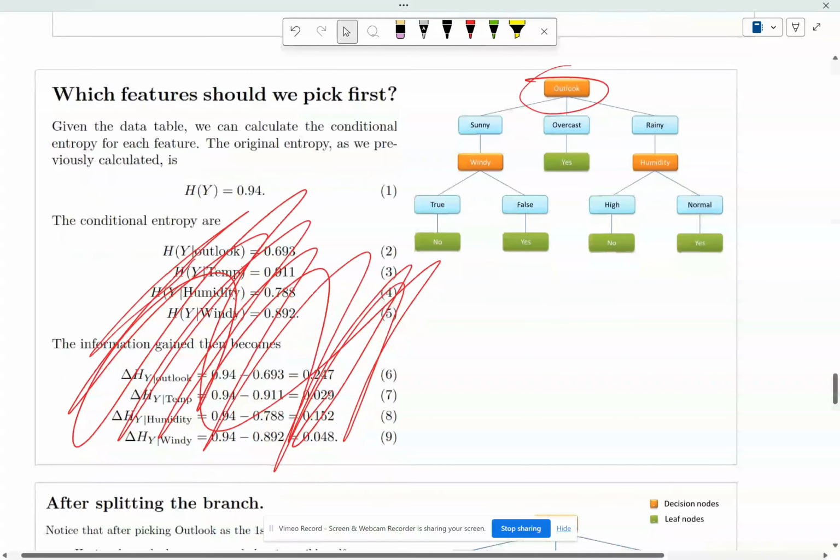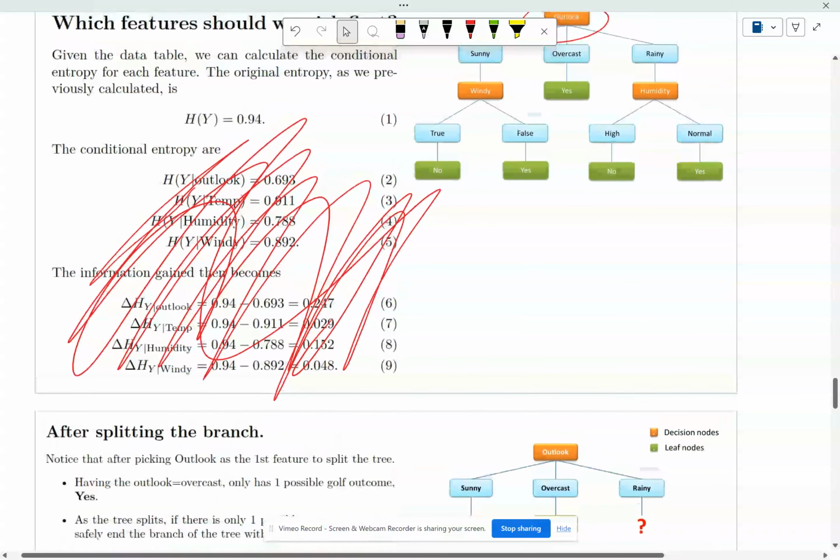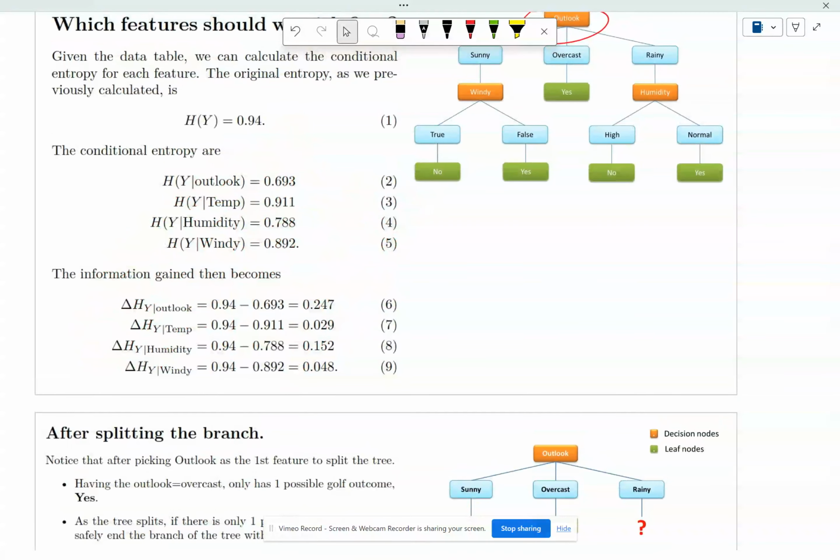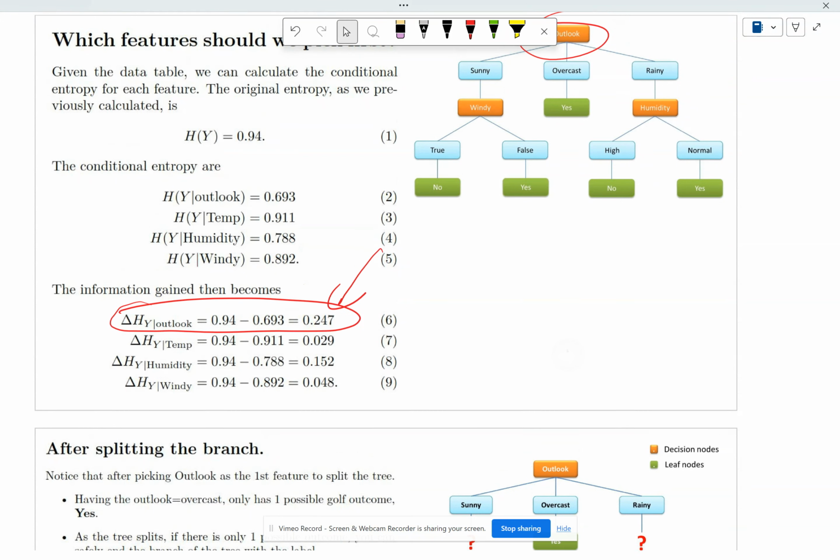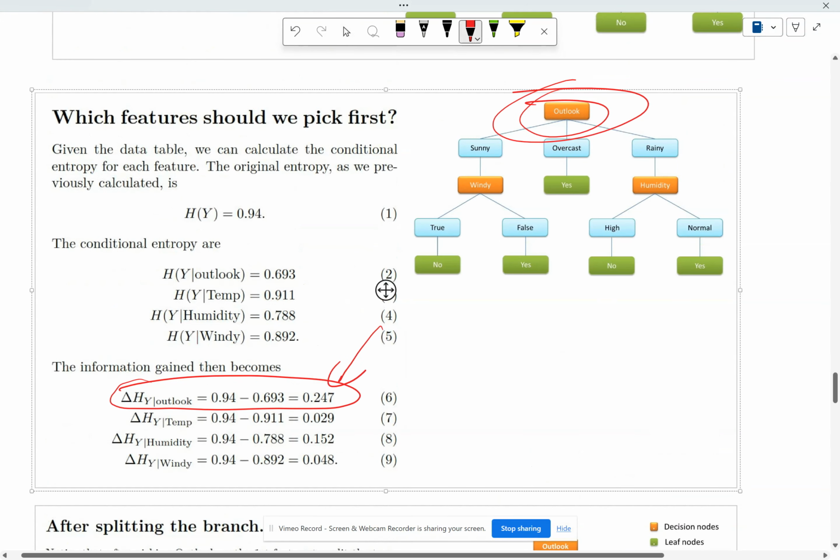Let's assume you paused the video already and that we've moved on. You will see that the information gain for outlook is the largest, and that's why we decide to branch out with outlook first.